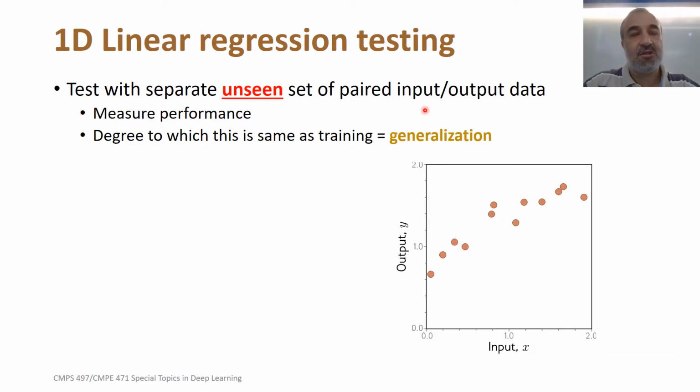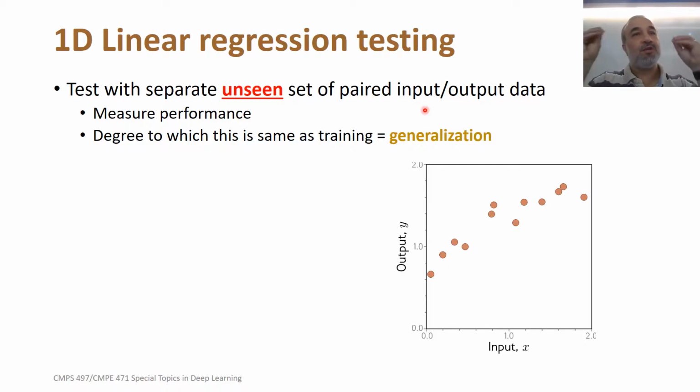We'll talk about performance measures later, to tell us whether it's a good or bad model. And the degree to which this is the same as training indicates generalization. We measured performance using the loss function during training, and we'll do something similar on test.